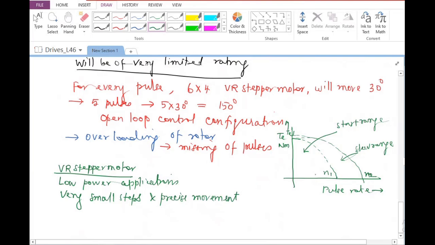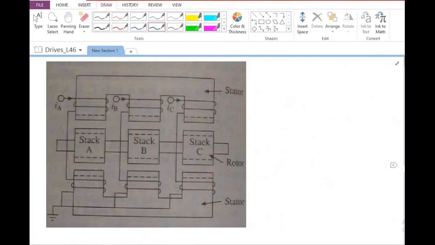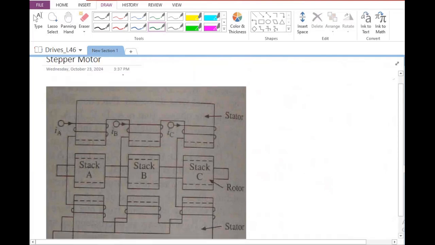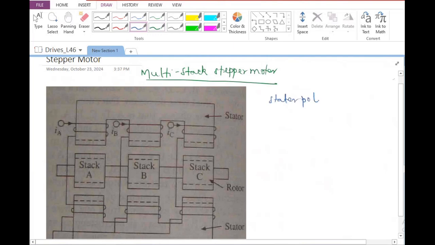Whereas if I look at a multi-stack stepper motor configuration, in this configuration what you are going to see normally is that the stator poles and rotor poles are equal in number.